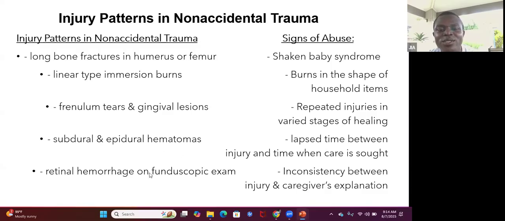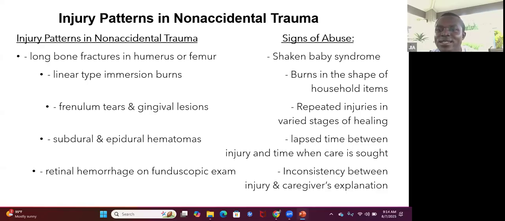Then retinal hemorrhage on fundoscopy, or fundoscopic exams. When the ophthalmologist views your eye and sees a retinal hemorrhage, it could be a direct trauma deliberately inflicted, which has to be looked into. So that is what it means.